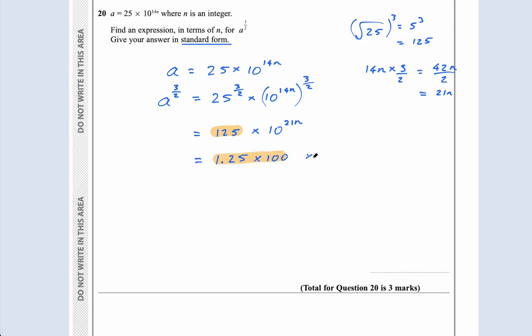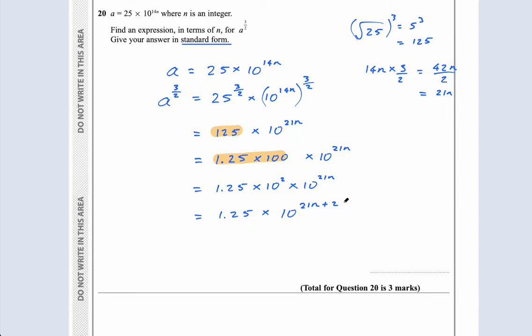And then I'm just going to do times 10 to the power of 21n, because that's just the same as this. Now, this is 1.25 times 10 squared times 10 to the power of 21n. 100 is 10 squared. We're all okay with that. And then when I'm multiplying, what do I do to the powers? I add them. So this becomes times 10 to the power of 21n plus 2.